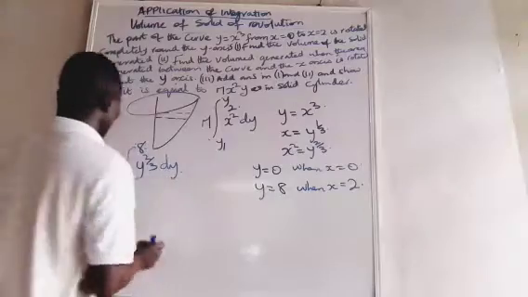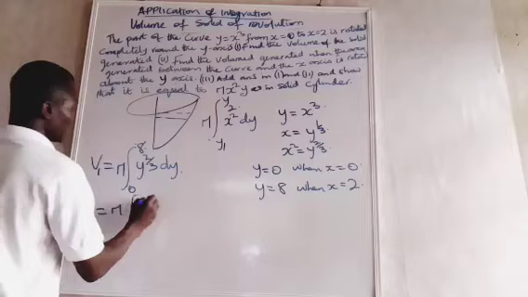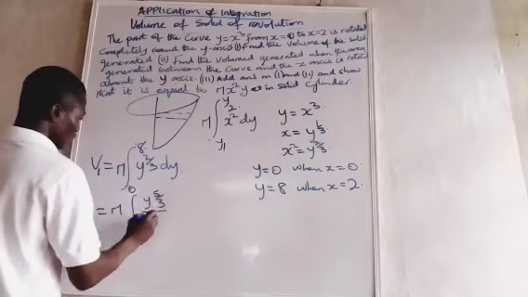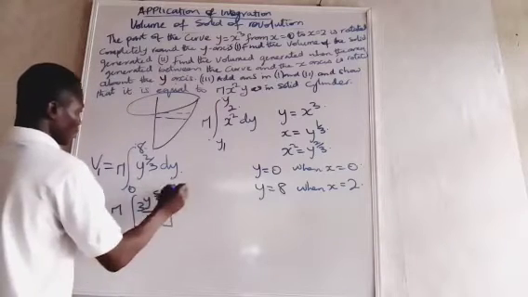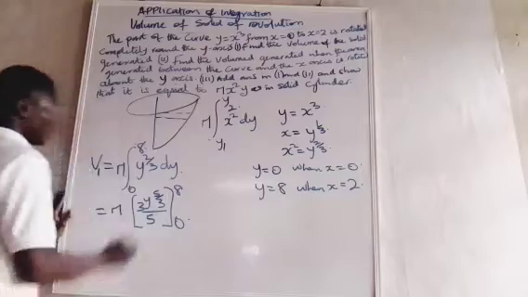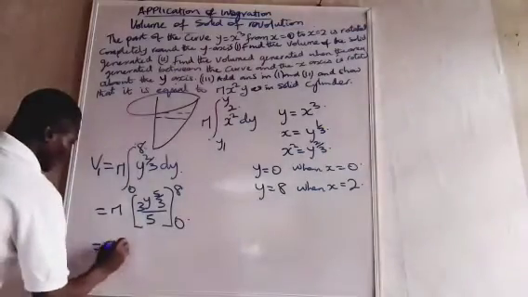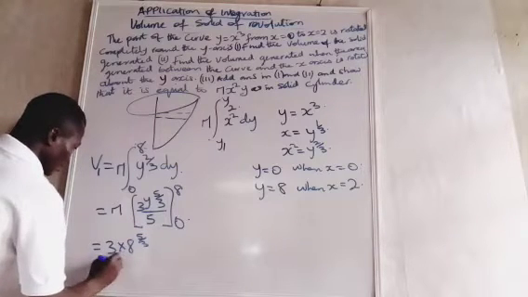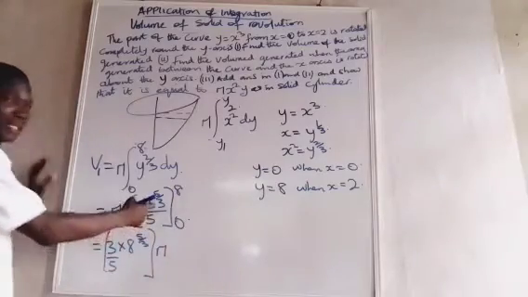So V is going to be pi times y raised to power 5 over 3, over 5 over 3, from 8 to 0. So the volume generated is going to be 3 over 5 times 8 raised to power 5 over 3, because if I put in 0 here, it's going to give me 0.